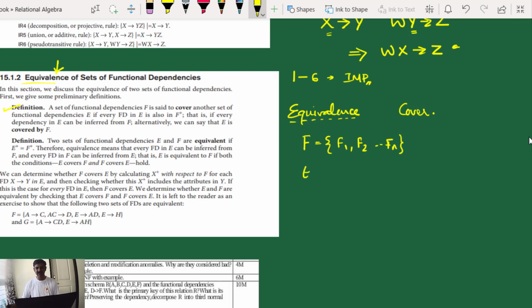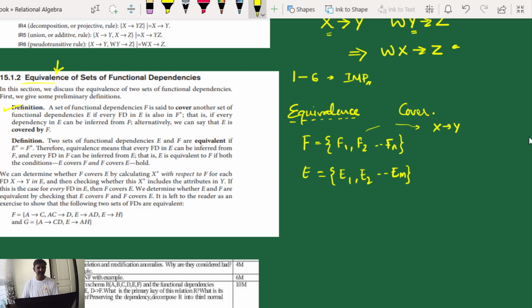And you have another set of functional dependencies E, which is E1, E2, ... Em. So we have two sets of functional dependencies. Remember, each of these functional dependencies is of the form X arrow Y. So F1 doesn't mean just one attribute; it is a set of attributes on both sides of the arrow. So these are the functional dependencies here.